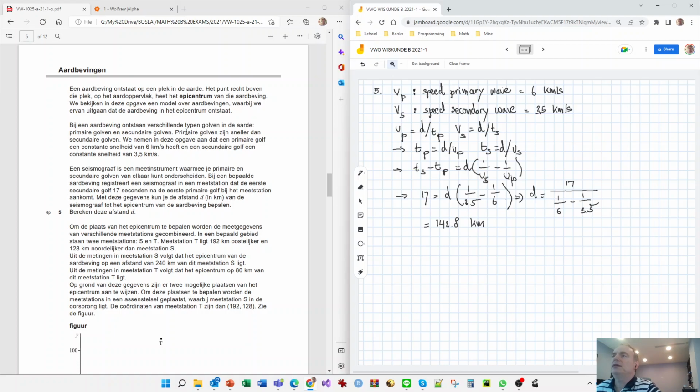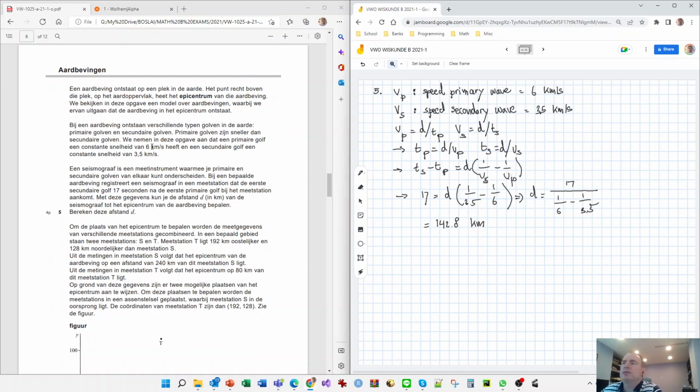But basically in an earthquake you have 2 kinds of waves. Primary waves and secondary waves, and the primary waves are faster. So if an earthquake happens, these are the ones that you measure first.